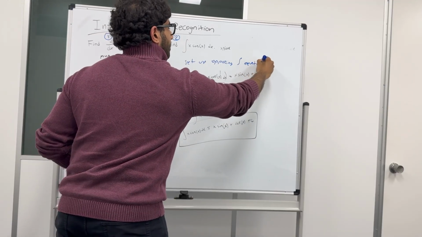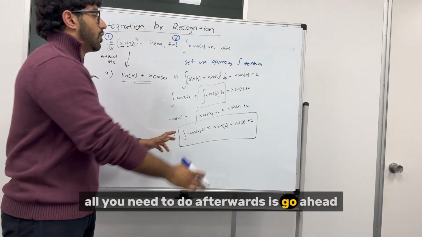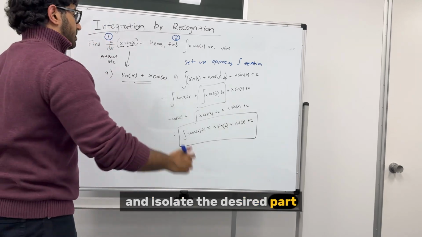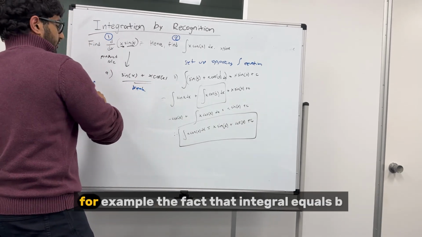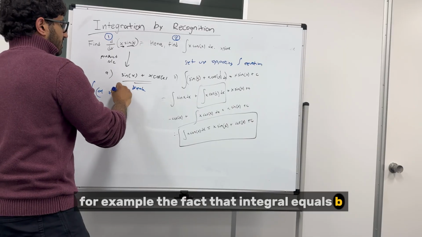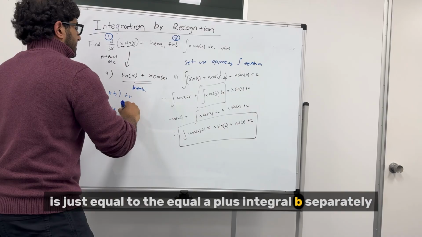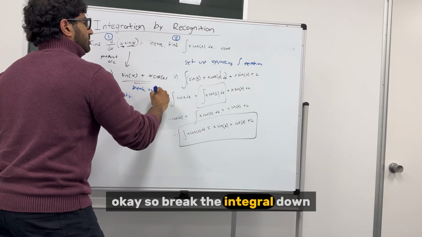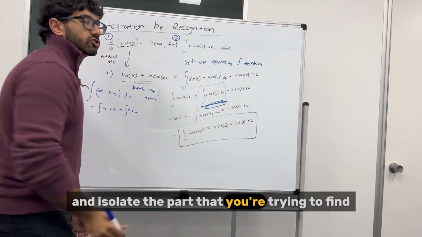Now once you've set that up, all you need to do afterwards is go ahead and break the integral down and isolate the desired part. Okay? So break it down using your integral properties that you guys know of. For example, the fact that the integral of a plus b is just equal to the integral of a plus the integral of b separately. Okay? So break the integral down and isolate the part that you're trying to find.